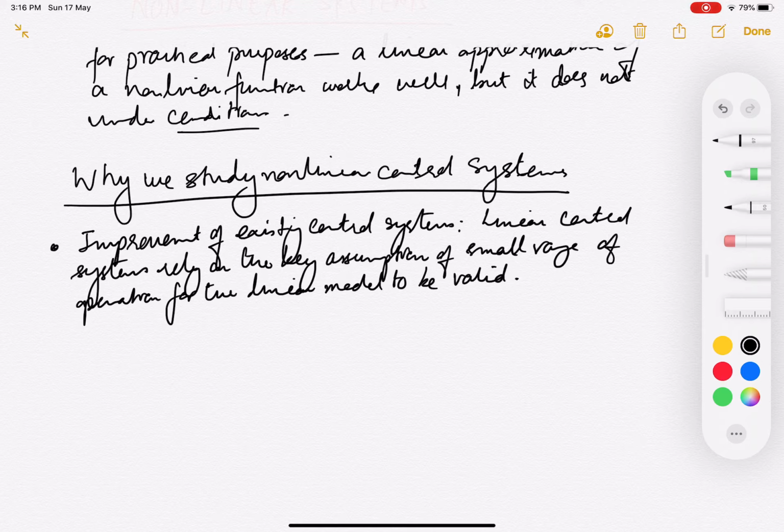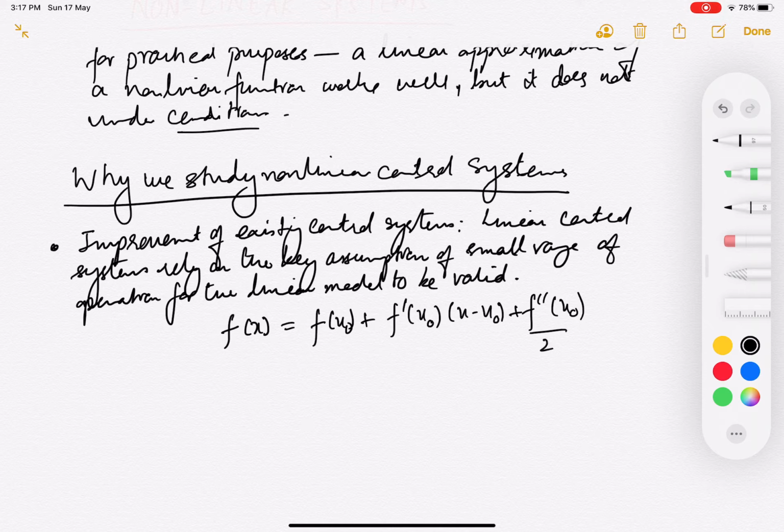If you remember, when we linearize, for example, we have a nonlinear function f of x, and we want to write down the Taylor series expansion of f of x around a point x0. So around x0, you can write this as f of x0 plus f dash x0 times (x minus x0) plus f double dash x0 by 2 factorial times (x minus x0) whole squared, plus so on and so forth.